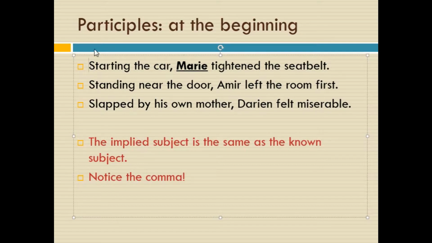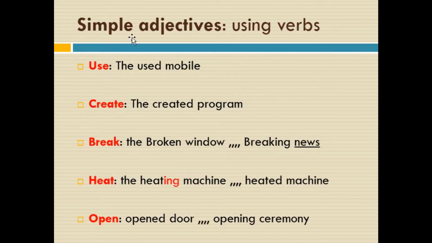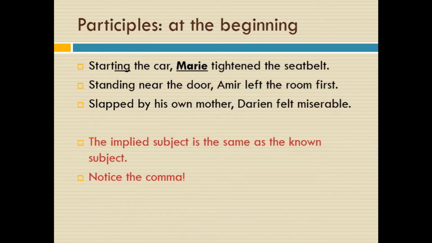Now, the subject of the first one is missing, but it is being implied. Implied means it's not there, but we all know what it is. Starting the car, Marie. It's already Marie, right? So, because this is my subject, the subject of my second sentence, I have an ing here, right? Just like the simple adjectives I already talked about.